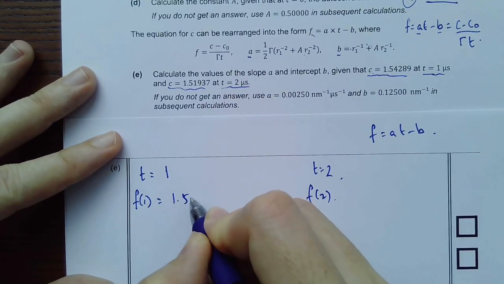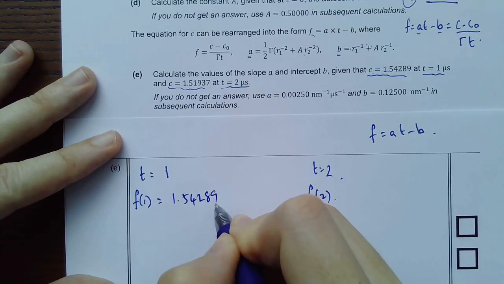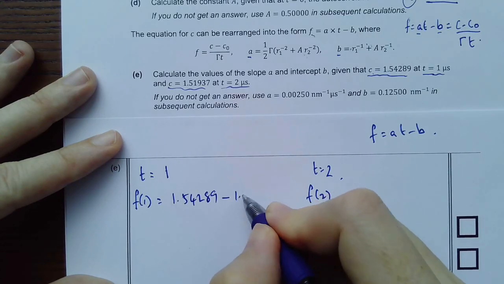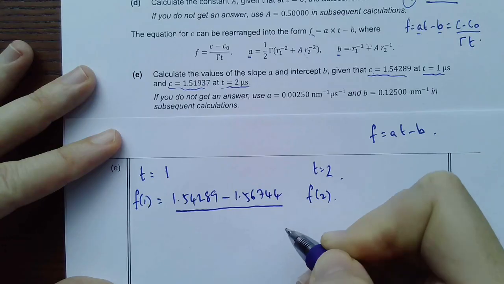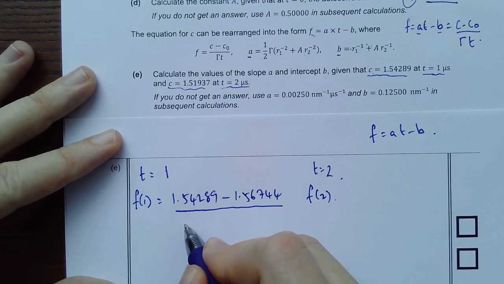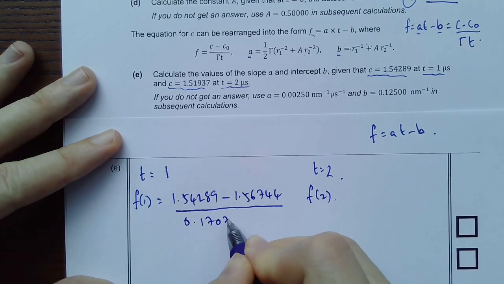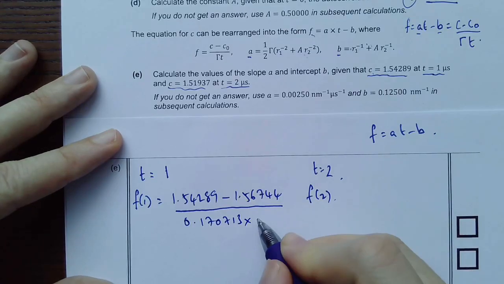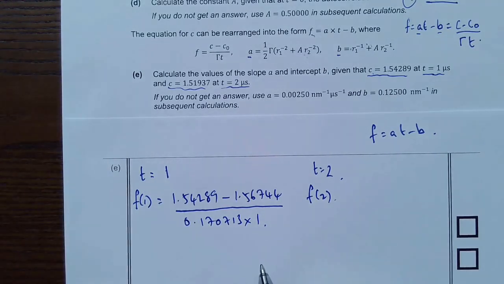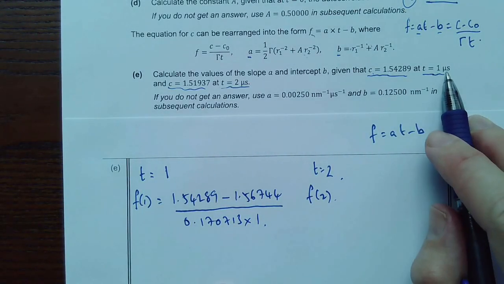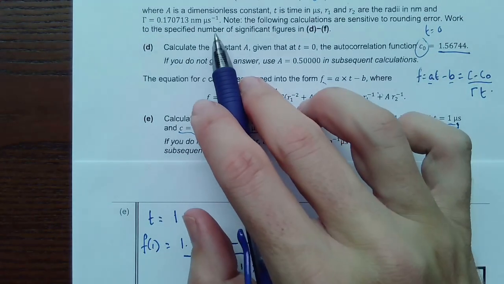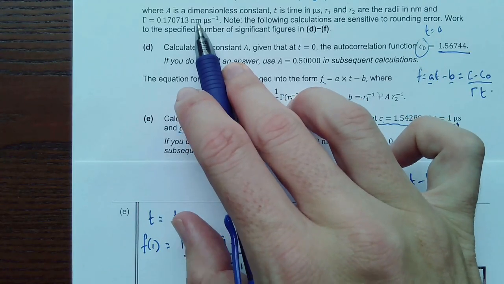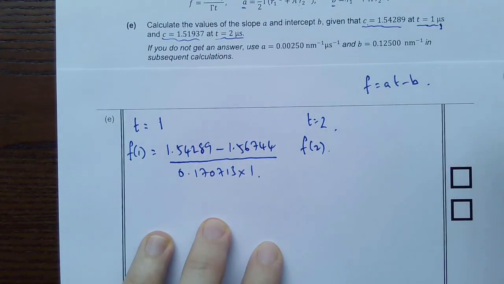So I'm going to go 1.54289 minus 1.56744 divided by gamma, which is 0.170713, multiplied by my time t as 1. Now the time t is given in microseconds, which is fine because my gamma is in nanometers per microsecond. So this is all going to work out no problem.